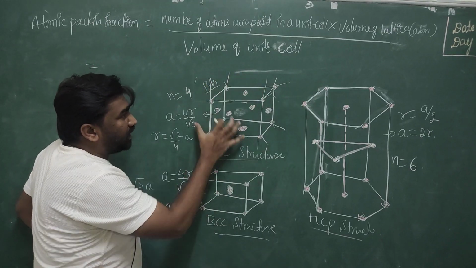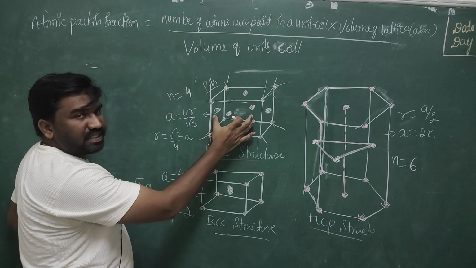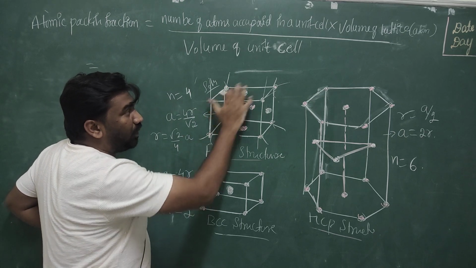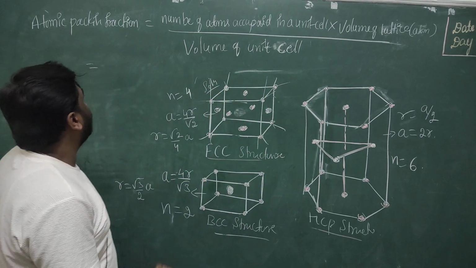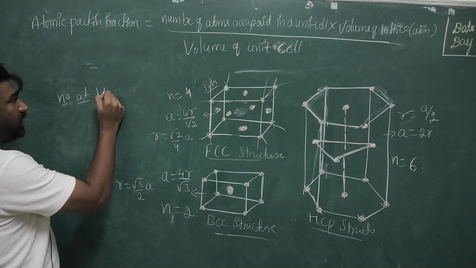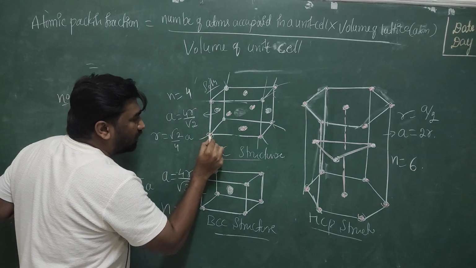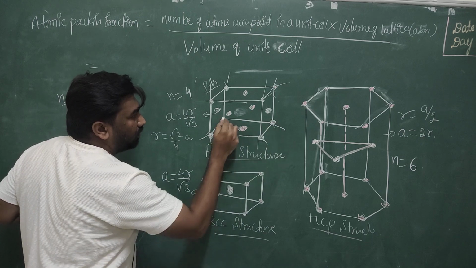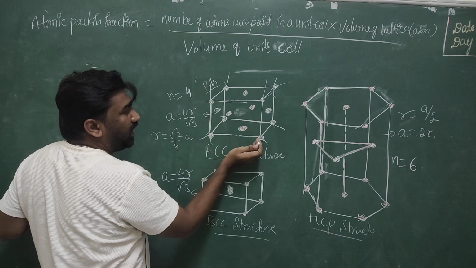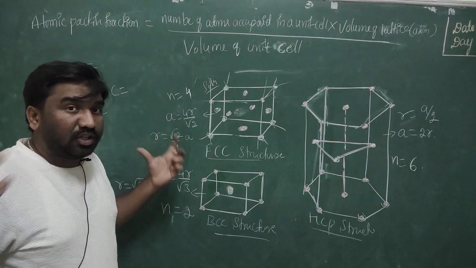So let's see the number of atoms occupied in a unit cell. First I am going to calculate for FCC. Number of atoms occupied in a unit cell of FCC: see, this lattice point at the corner is shared with all the 8 other unit cells.